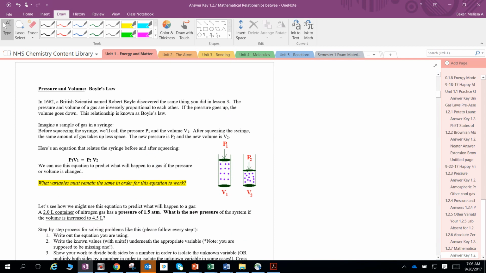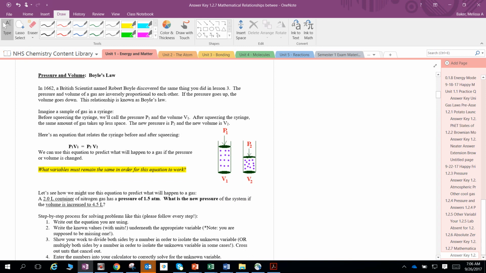And this matches with Boyle's law, which we've already talked about with the syringe experiment. As the volume decreases, the pressure will go up because there is less space for the particles to move around. And vice versa, as the volume goes up, the pressure will go down.